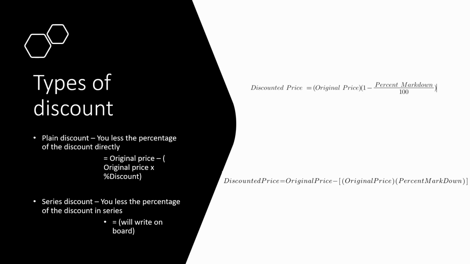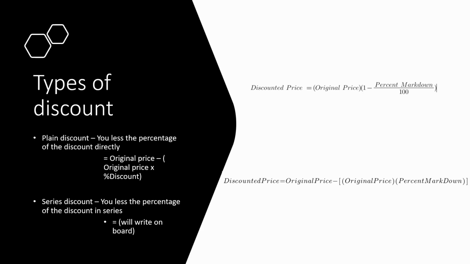The first one is original price multiplied by 1 minus percent markdown over 100. So basically, you're multiplying it with a decimal, 0 point something. The other one is the formula for discounted price.